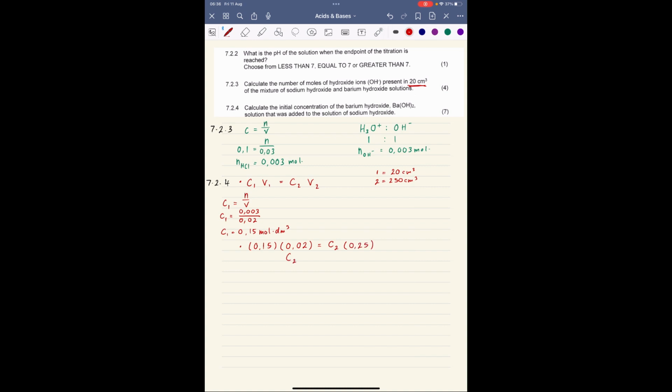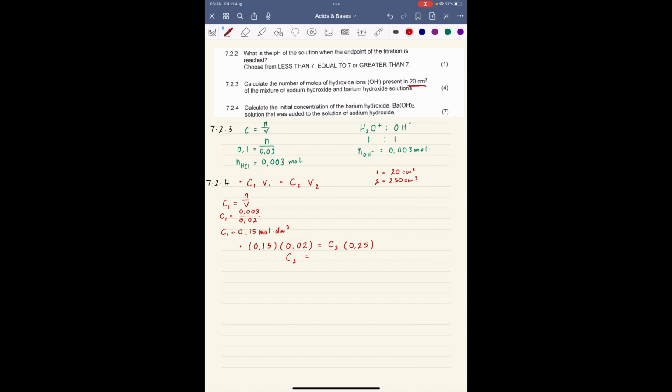So from here, you put that in your calculator, you divide both sides by 0.25, and we're going to get 0.15 times 0.02 divided by 0.25.